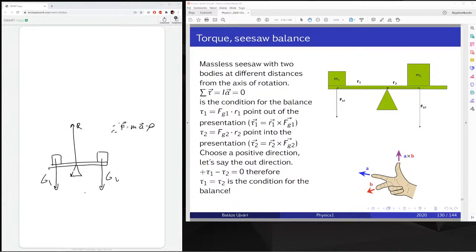What is the sum of the torque? There will be a plus G1 R1 minus G2 R2. And what should I write here? What is the torque? How does this force try to rotate?